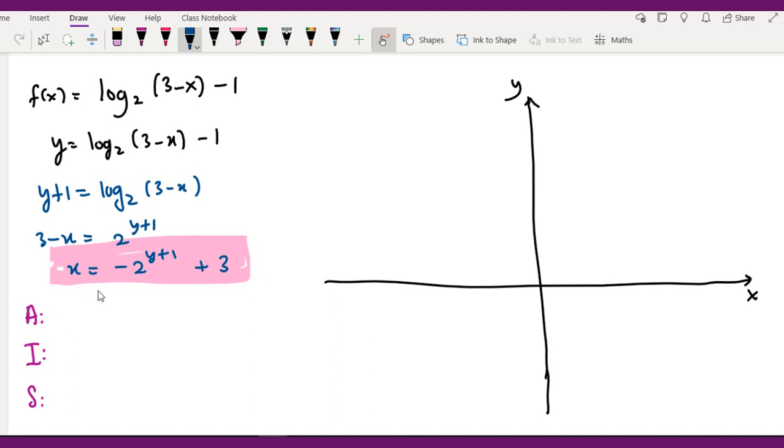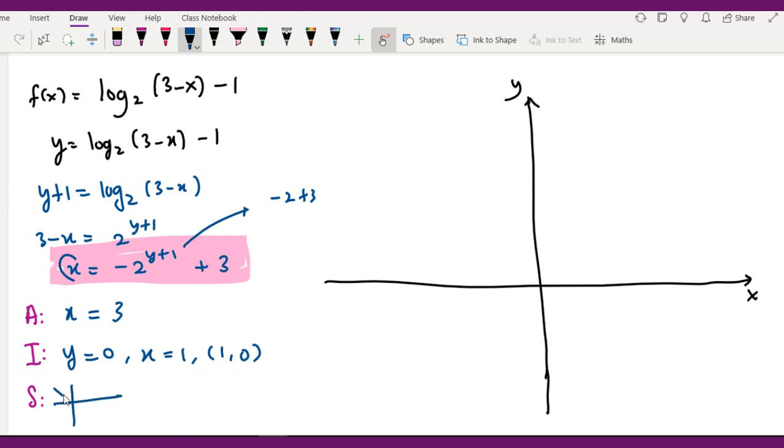So the asymptote is x is equal to 3. Then, when y is equal to 0, negative 2 plus 3 is equal to 1. So the point is (1, 0).